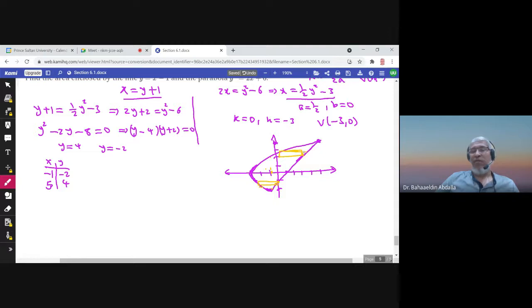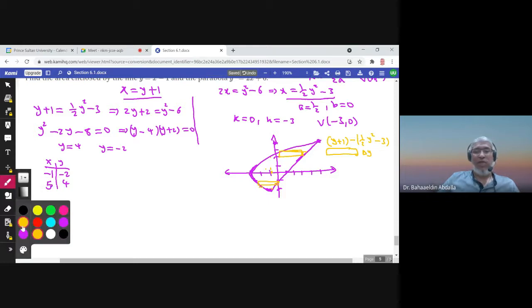But now the width of the rectangle is delta y. And the length of the rectangle would be the line, x equals y plus 1, minus the parabola, which is x equals half y squared minus 3.